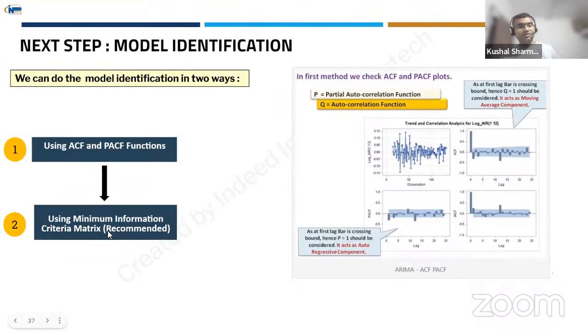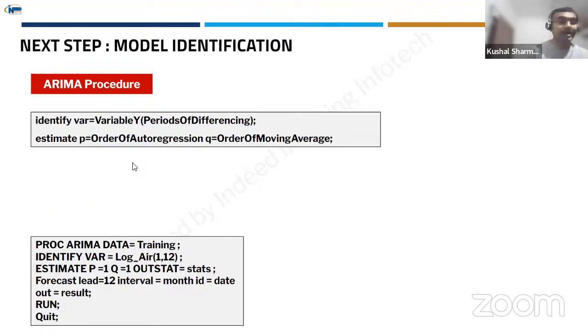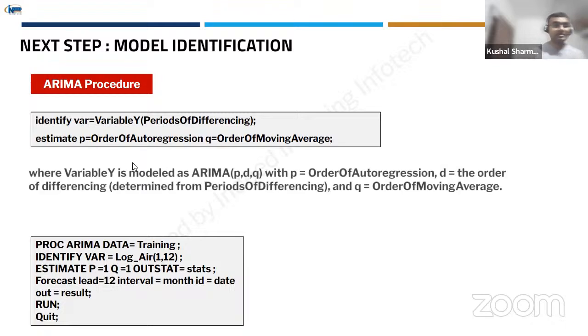Coming back, the ARIMA procedure we have done used ACF and PACF. We did not use the minimum information criteria matrix. Here what we did is identify var equal to the variable y, with its periods of differencing, estimate p the order of autoregression and q the order of moving average, where variable y is modeled as ARIMA(p, d, q), where p is the order of autoregression, d is the order of differencing, and q is the order of moving averages.